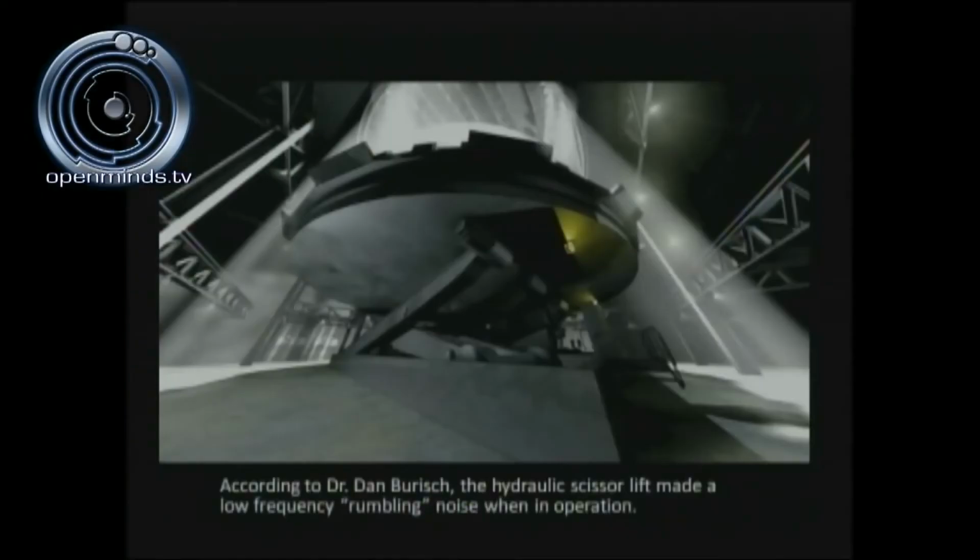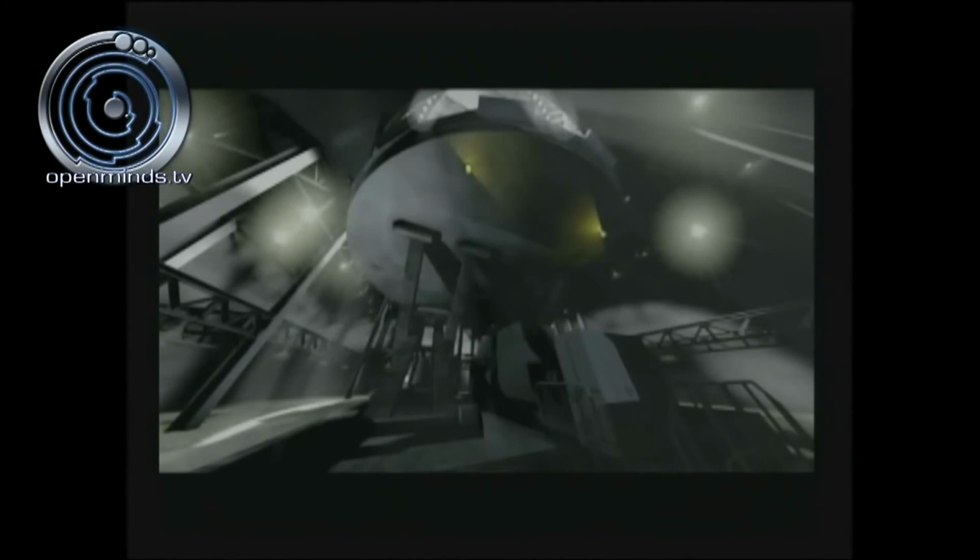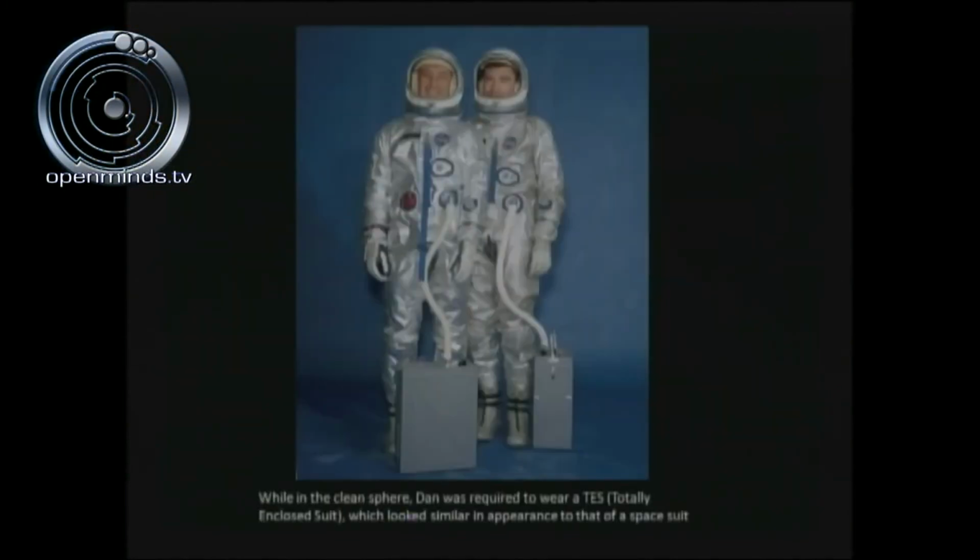Here we see the scissor lift lifting the clean sphere up to the second floor of 4-5. And then you can see again the hydraulically actuated scissor lift. Now, we're talking about the TESS, or totally enclosed suit, similar to what you would see in the Gemini, Mercury, even the Apollo program of 1969.